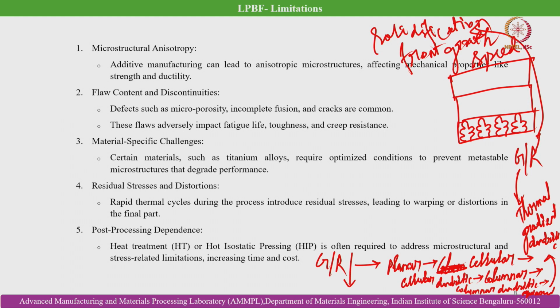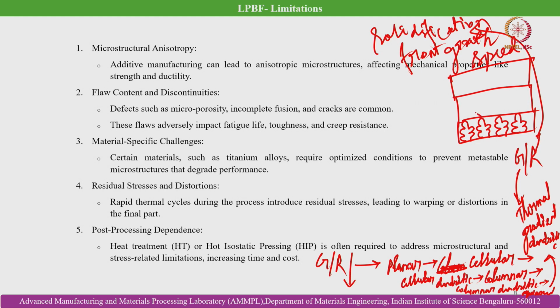So, that is why the direction of this thermal gradient also changes, and the evolving crystals or dendrites try to follow the direction of the thermal gradient. However, these crystals grow along their preferential crystallographic growth direction.